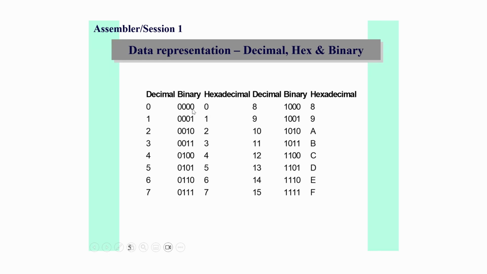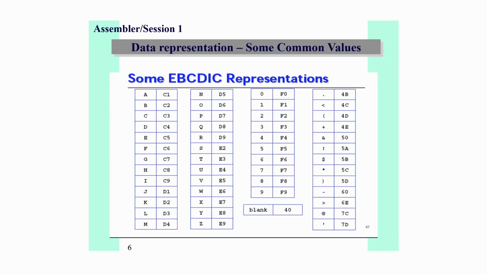Each 4 bits is represented by one hexadecimal digit. Starting from 0000, this is hexadecimal 0, which is equivalent to decimal 0. Like that, each byte consists of 2 hexadecimal digits. These are the important characters represented in hexadecimal.